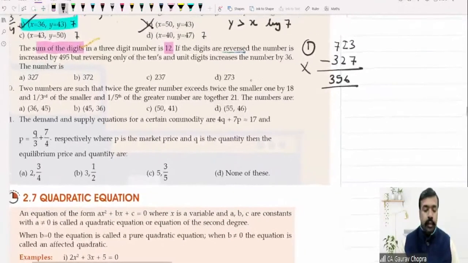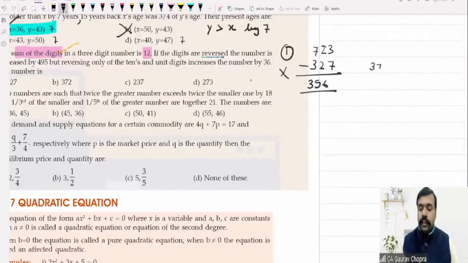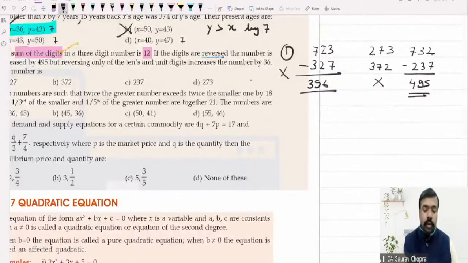Now let us check the second one, 372, and its reverse is 273. Clearly, the difference is not 495. The third one, 237 and 732. 732 minus 237, this time we get the difference as 495. So option C is satisfying this condition.